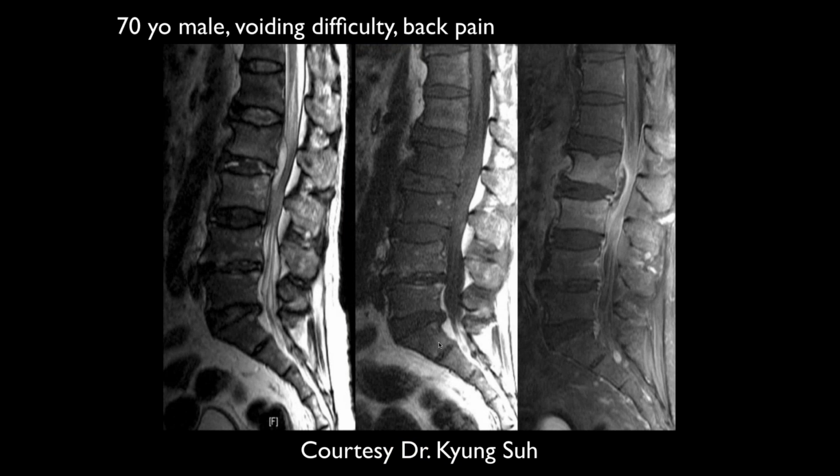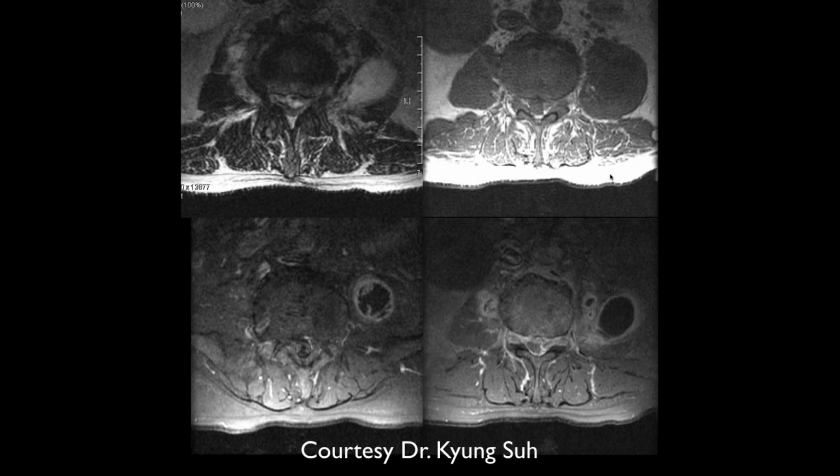Okay, 70-year-old male, voiding difficulty, back pain. There's a slightly increased signal of the L2 and L3 vertebral bodies. Yeah, those two. There's an epidural collection adjacent to that, which is enhancing.